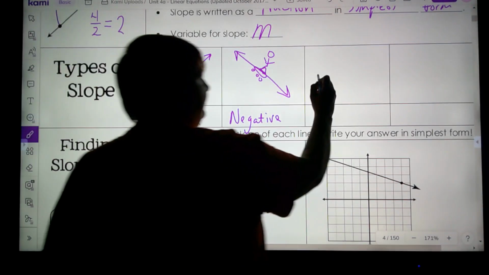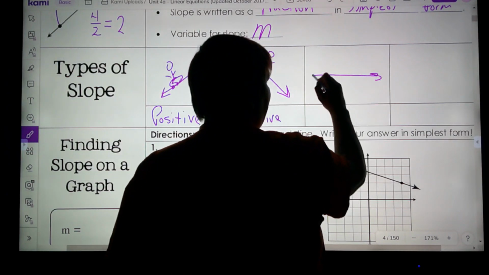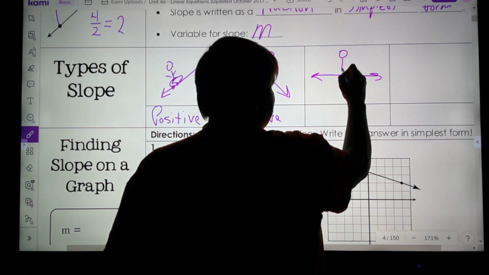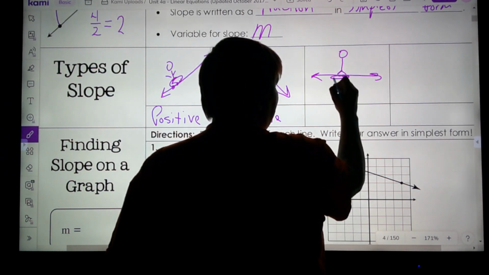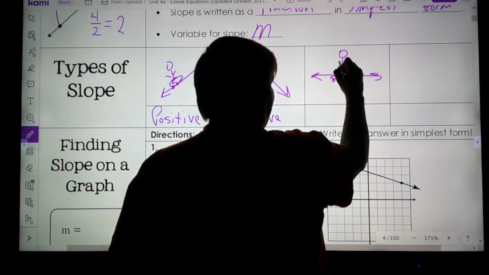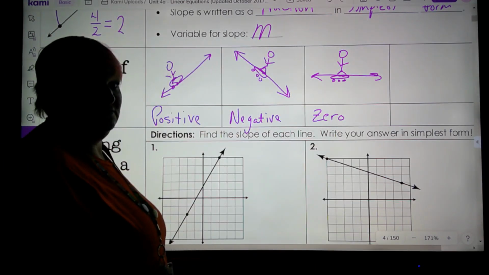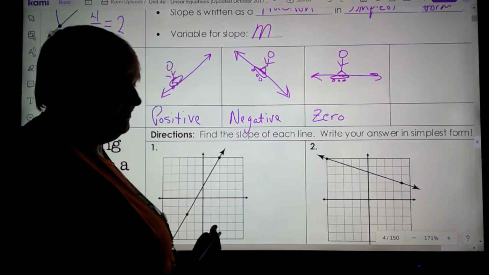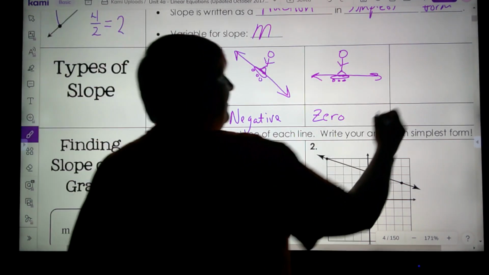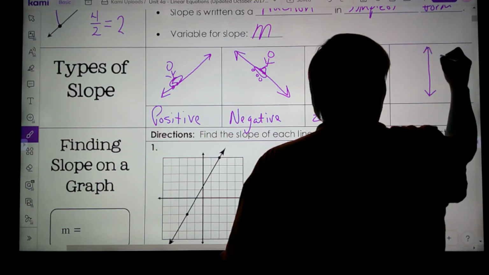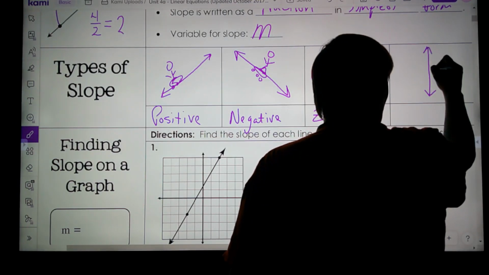All right, then you have straight left and right. That's straight horizontal. Your little man is on flat ground, right? And that's a 0 slope. It has no uphill or downhill. It's flat ground, right? And then you have the line that's straight vertical. Can your little man ride his skateboard on this? Not without dying, right?